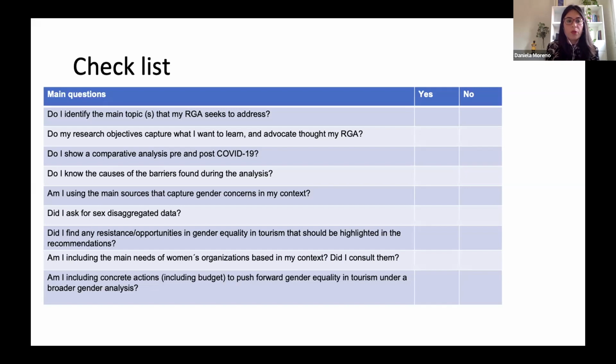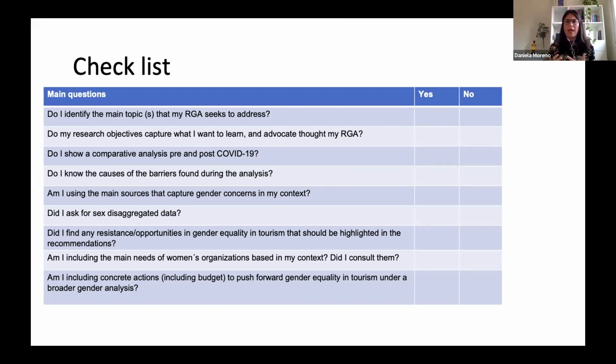Another very important question to consider is, am I using the main sources that capture gender concerns in my context? This is quite linked to data collection, secondary data collection. Did I include the main resources that I need to really understand the current situation? Did I review the law in my context from a gender point of view? Did I review the main regulations?